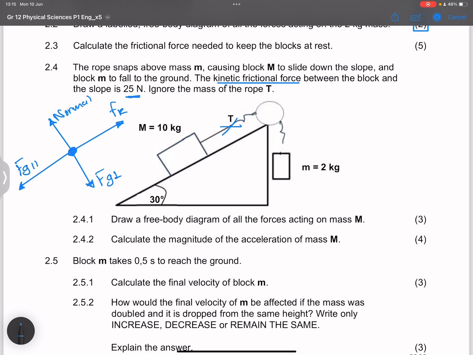If you didn't want to show those components, you can actually draw just the gravitational force there. So these are the forces.